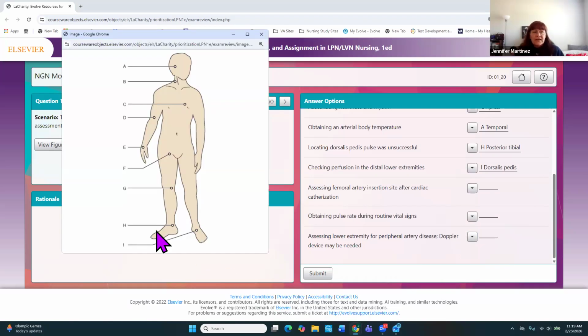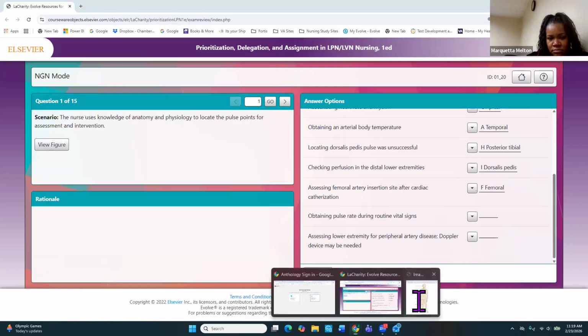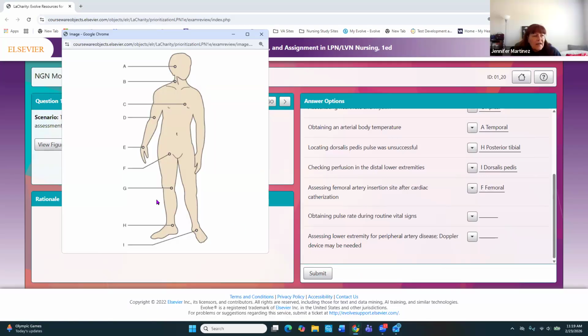Assessing femoral artery insertion site after cardiac catheterization. F. Okay. Obtaining pulse rate during routine vital signs.